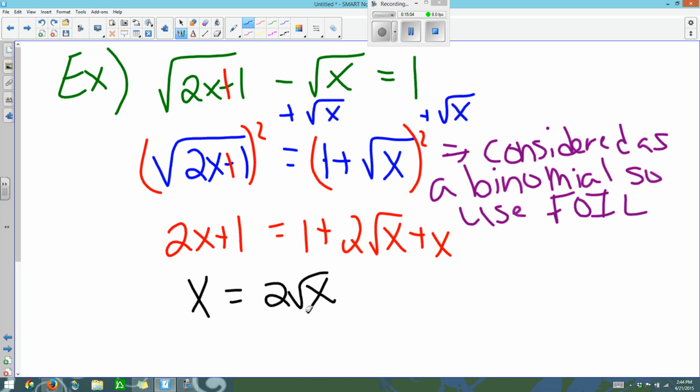Okay. And then what you could do is square both sides, so you'll get x squared equals 4x, okay?